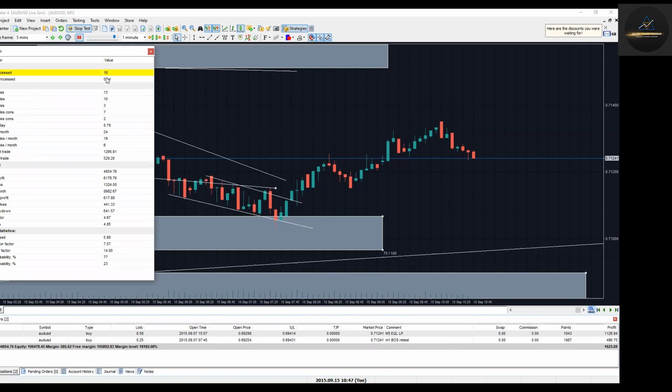So we're halfway through our evaluation. 13 trades taken, 10 profitable, fantastic. 3 losses. That's a very high win rate, 77% win rate. Every time I bank profits, it actually counts that as a win. So just bear that in mind.